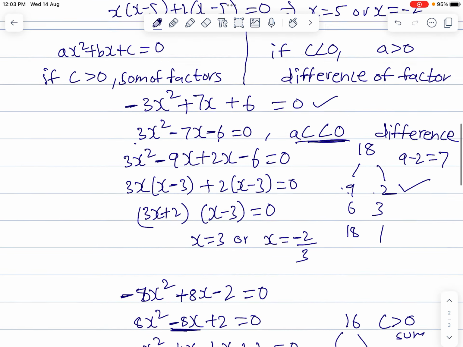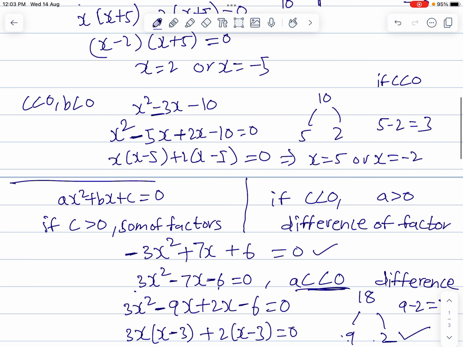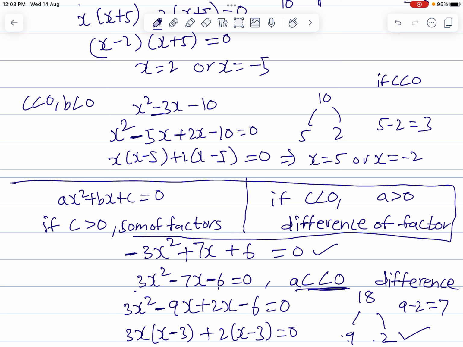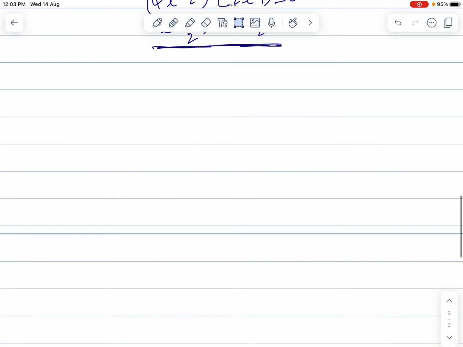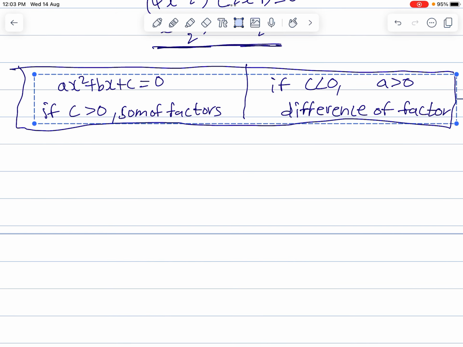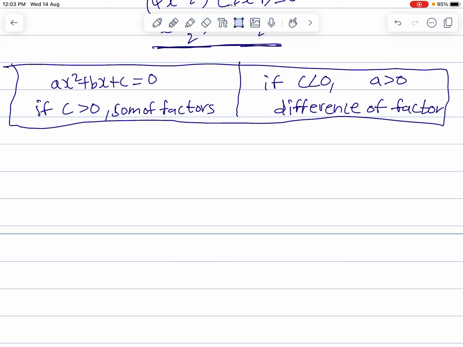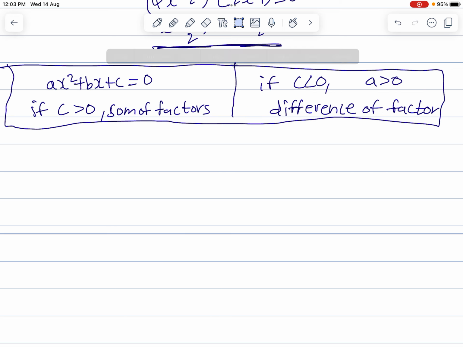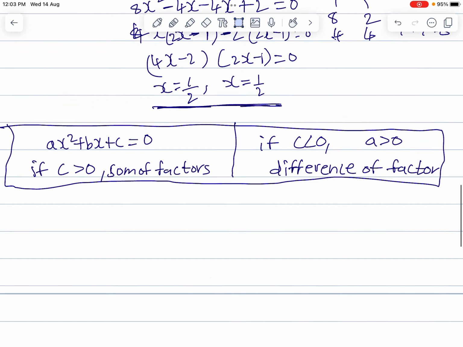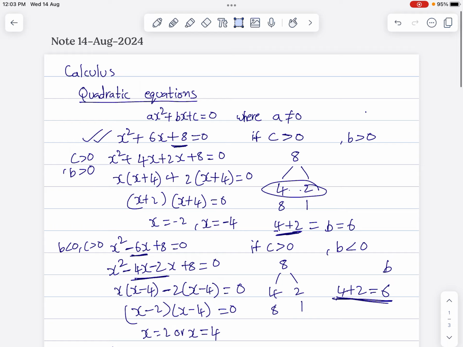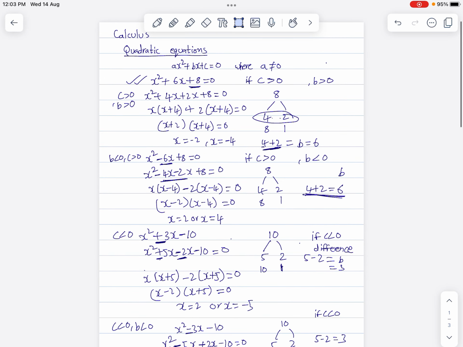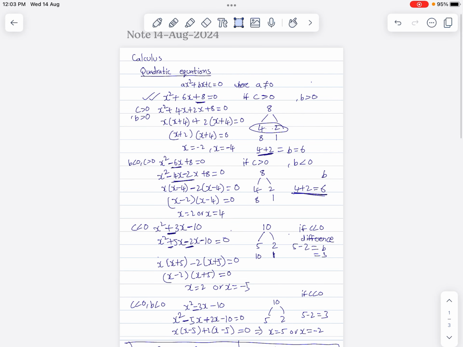So the key point is, I want you to note down this part and just remember this part, and you will be able to solve any of the quadratic equations which are given. So just note down this much. I'm skipping the video, so I'll just scroll down.